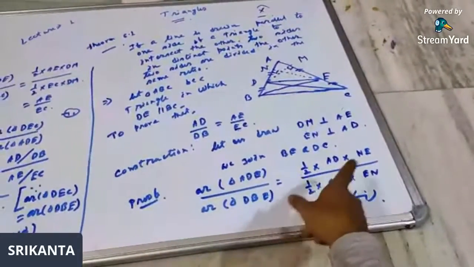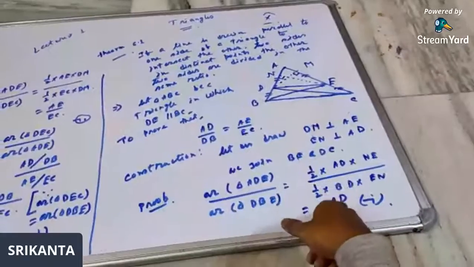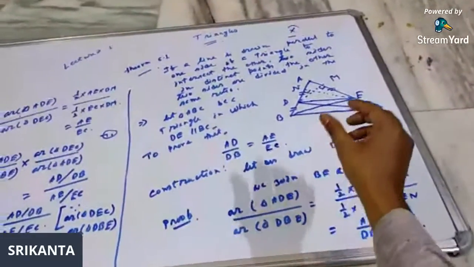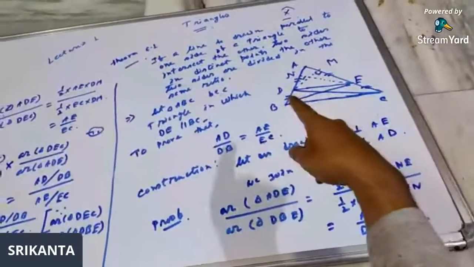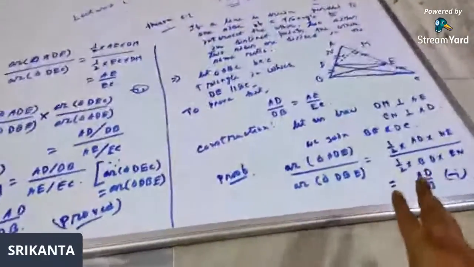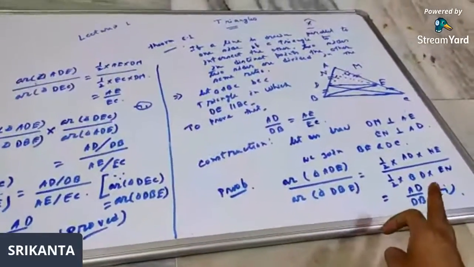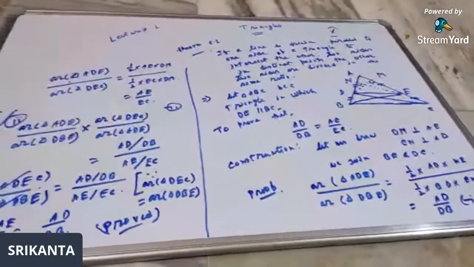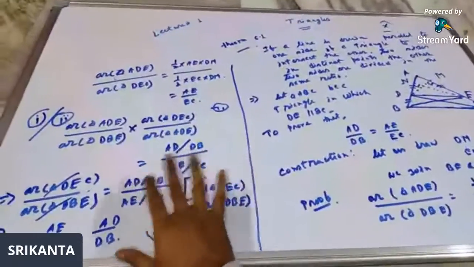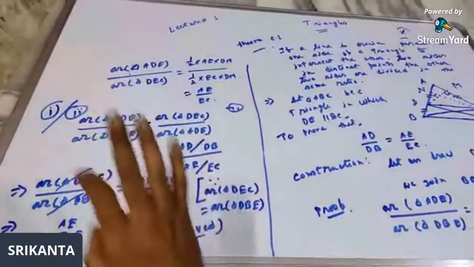So here half cuts down, NE cuts down, so we have AD by DB. Similarly, the same process we followed for triangle ADE and triangle DEC, right? And then what we have done is we have divided 1 by 2. Clear? So when we divide, we get whatever you can see here, and ADE cuts down.